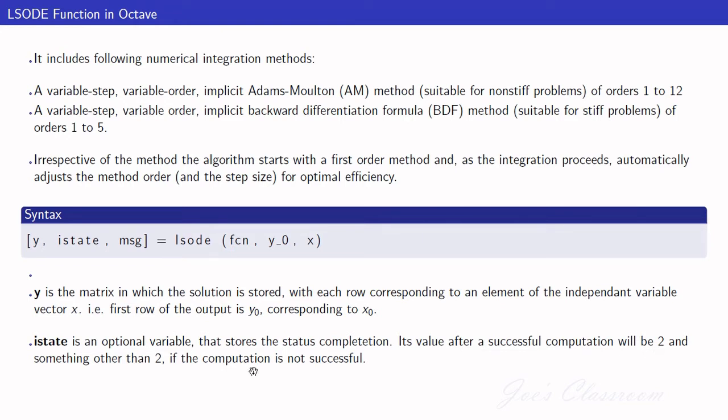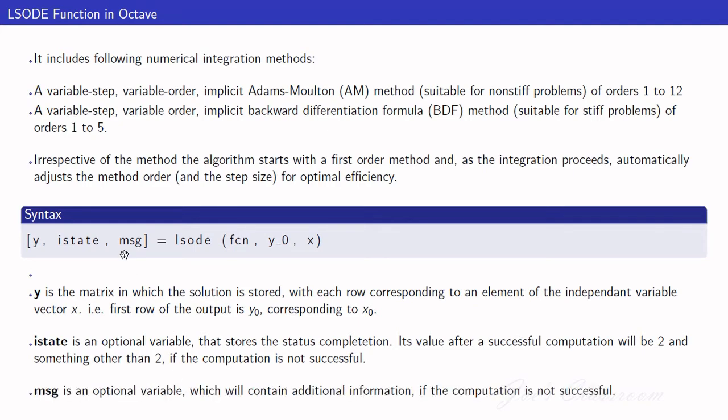And if the computation is not successful, then the value stored in this variable will be something other than 2. So if you use this variable, you can find out whether the solution converged, and hence whether the computation is successful or not.